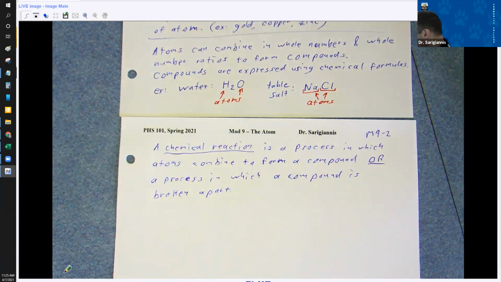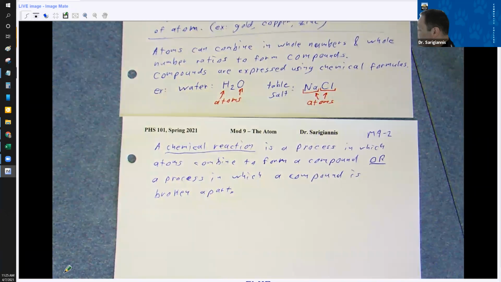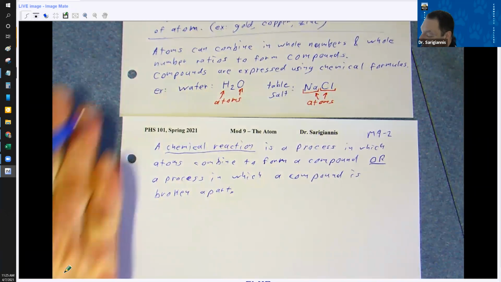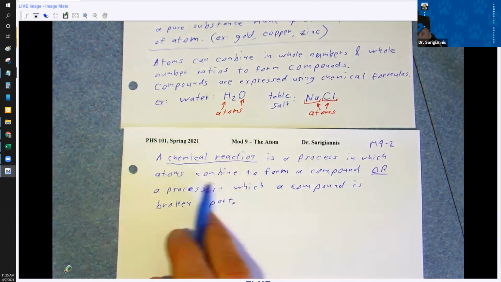I think I don't need to write an example here. We're going to talk about this in another section, assuming we get to the later sections. Chemical reaction, right? So this is where, for example, water, you've probably heard that water can be broken down into hydrogen and oxygen. So, let me actually write that. Process in which atoms combine.